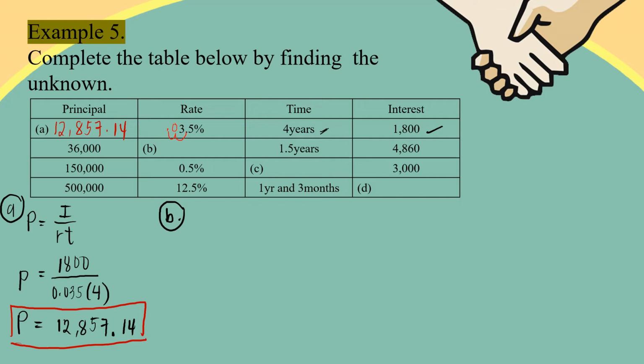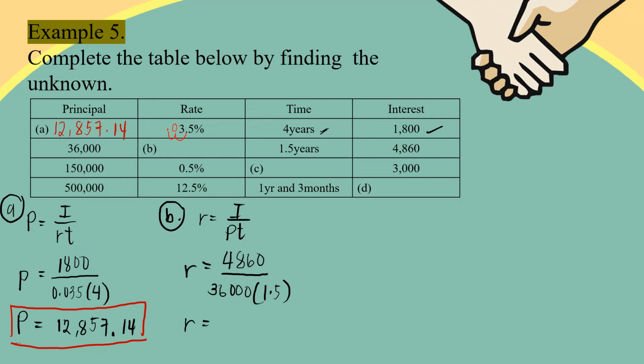Formula for the rate, interest divided by principal times time. Input lang natin agad lahat. Yung given interest is 4,860 divided by, ang principal is 36,000 times time. Yung time natin is 1.5.